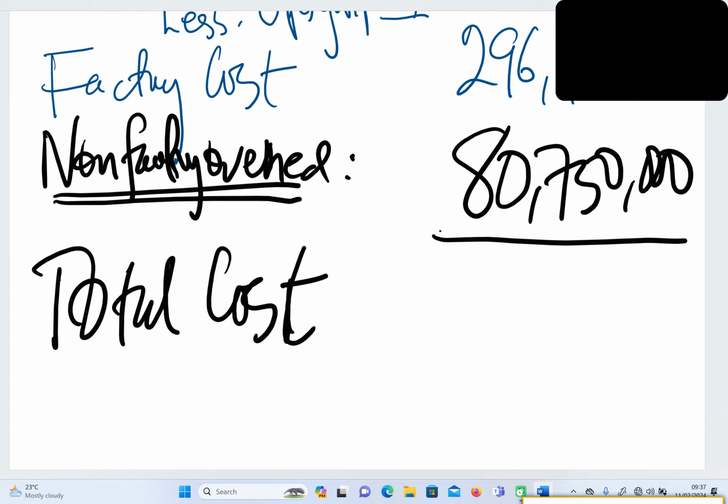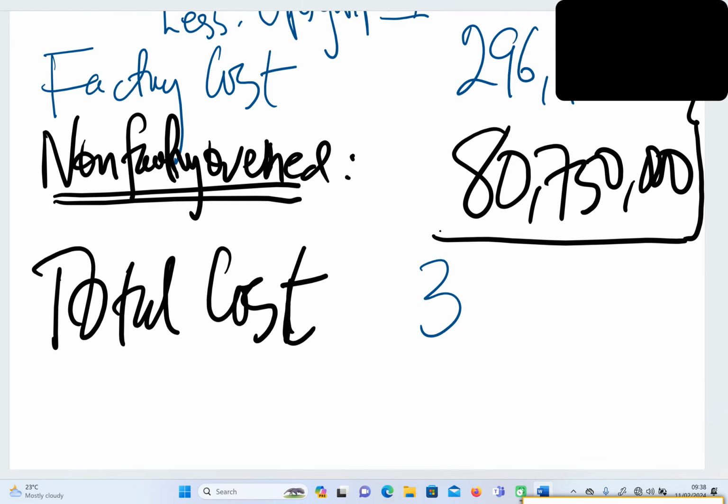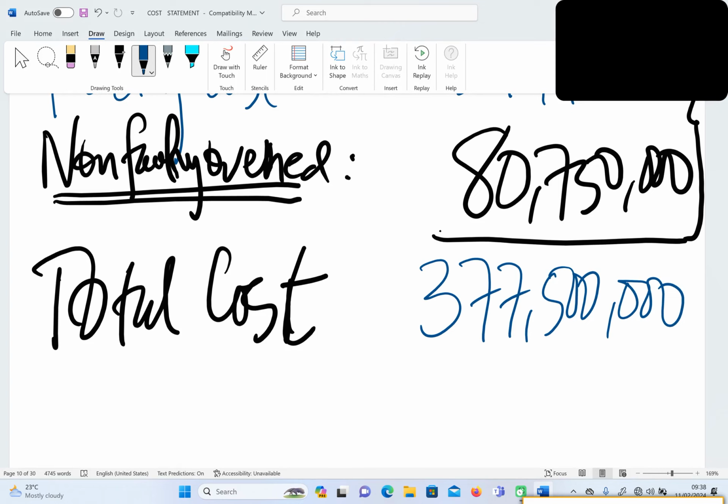Ngapi? You add these two. Unapata ngapi? 377,500.